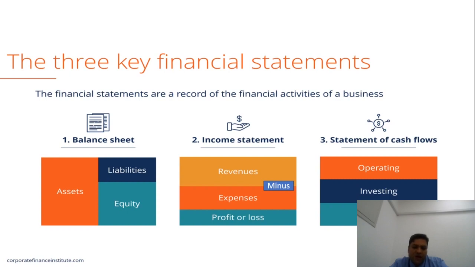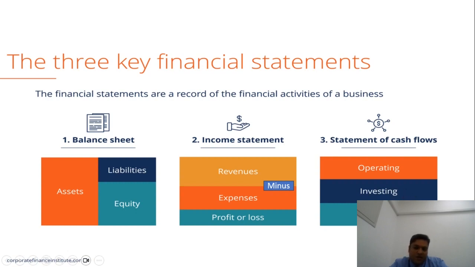In the operating activities, you will be focusing on the income and expenses of a company related to the core activity of the business. And the investing activity focuses on the expenses you incur in buying an asset. And if you are selling an old asset, you record even that here in investing activities.